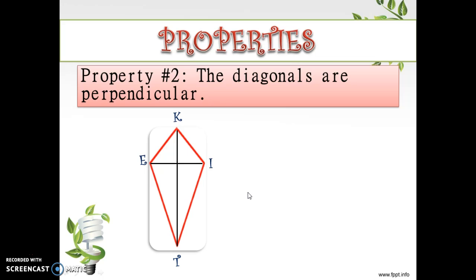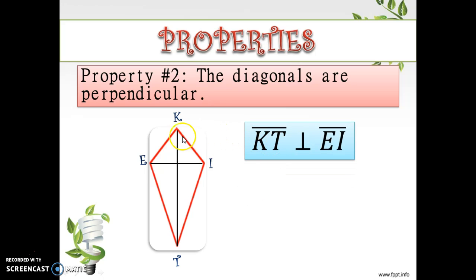Now, we say that line segment KT, which is the first diagonal, is perpendicular to line segment EI, the other diagonal. And since they are perpendicular to each other, they form a right angle, or simply 90 degrees.